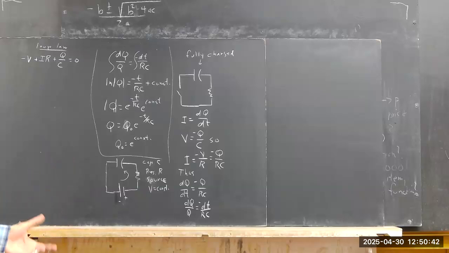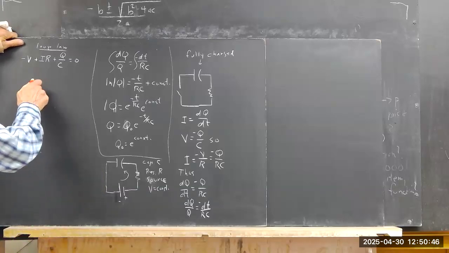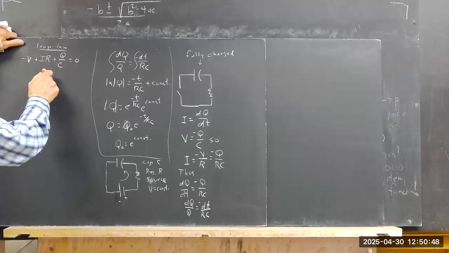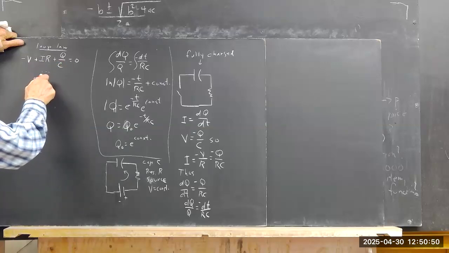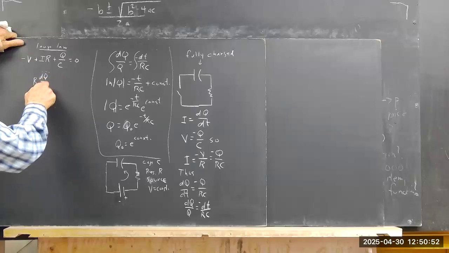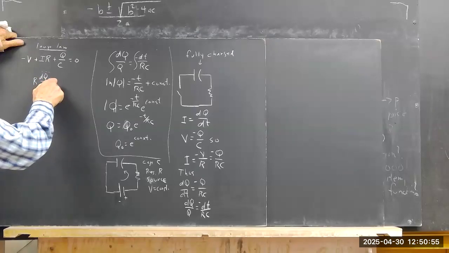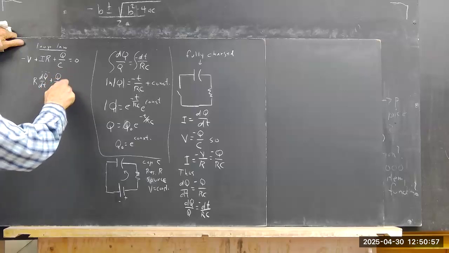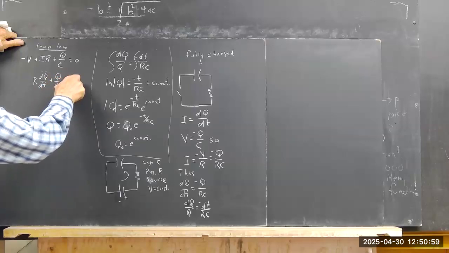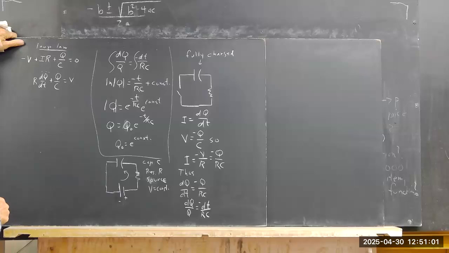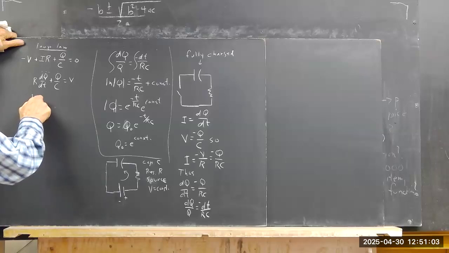You do 0 work per unit charge. Okay, so this tells us that R dq/dt plus Q over C equals V, the inhomogeneous equation, which we've done.